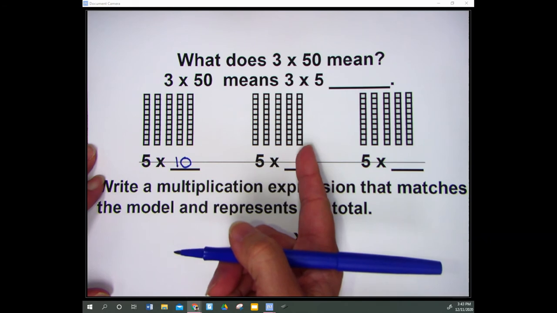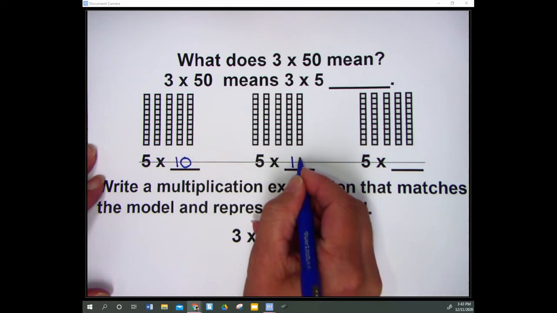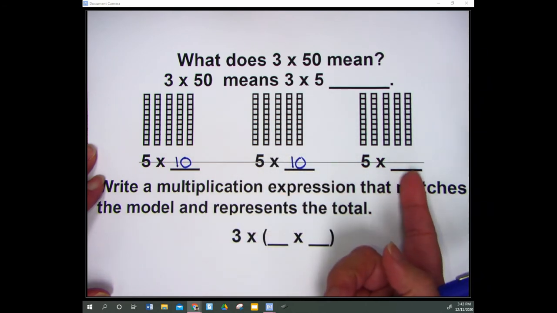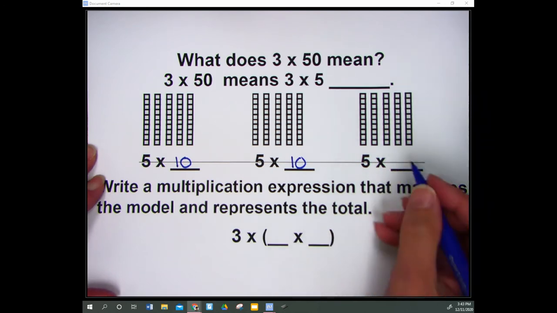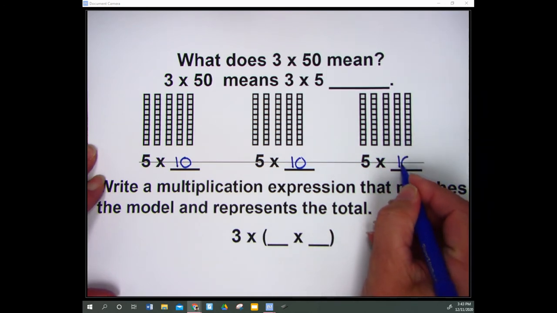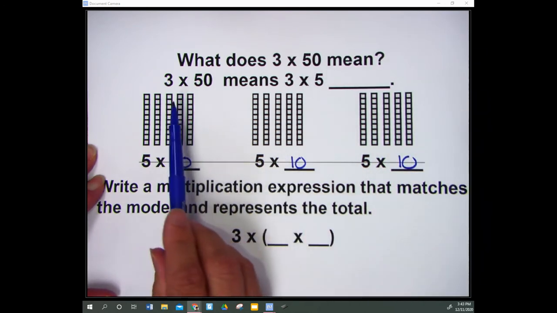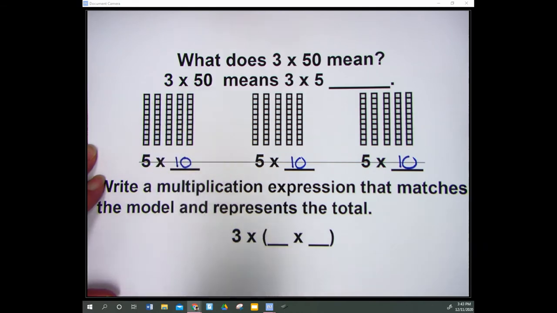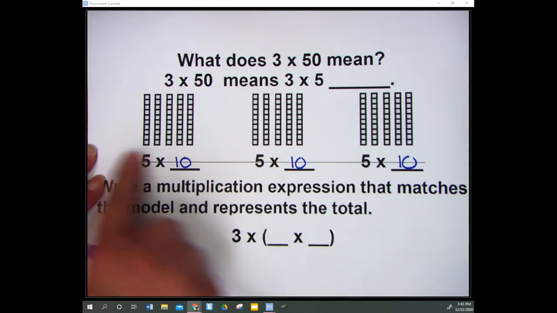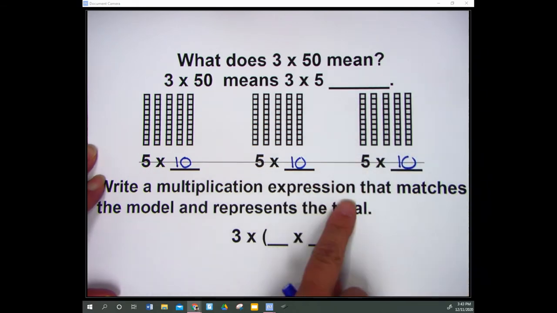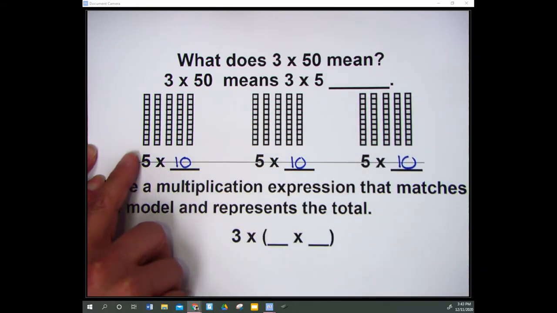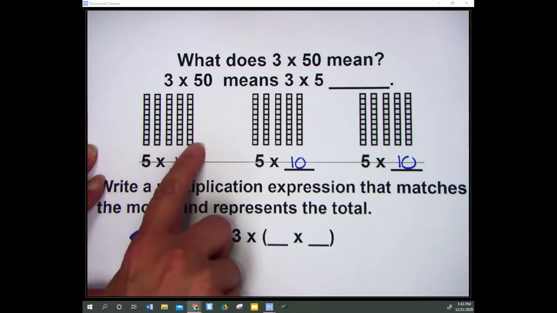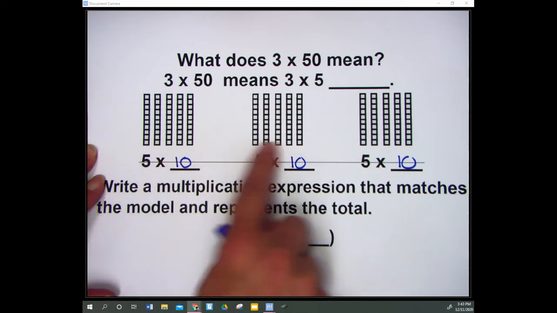So here's another 5 times 10, that's another 50. Here's another 5 times 10, here's another 50. Okay, so when we're doing 3 times 50, here's what we have. We have 3 groups of 50, right? That's 3 groups of 5 tens. Do you see how I have 3 groups of 5 tens here?